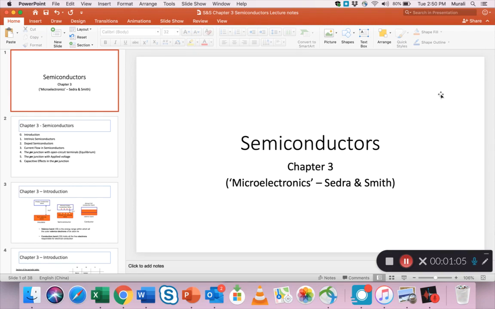So the textbook that I'm going to use for the remaining 6 weeks of this course, and also what you'll use in EE 380, is a very famous and important textbook for electrical engineers. It's called Microelectronics by Sedra and Smith, and ideally I want you to have the 6th or 7th edition.